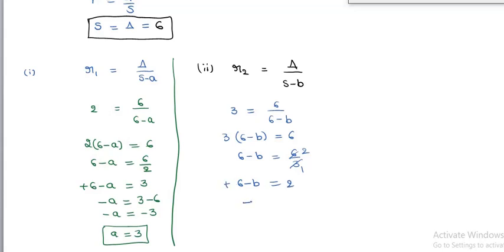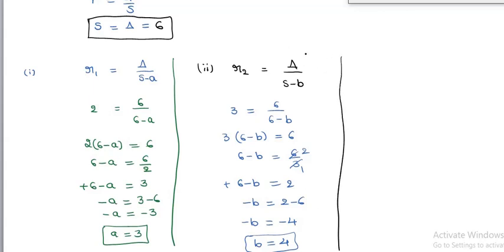Plus 6 is transposed to the right side as minus 6. Minus b is equal to minus 4. So b is equal to 4. Next, third one.